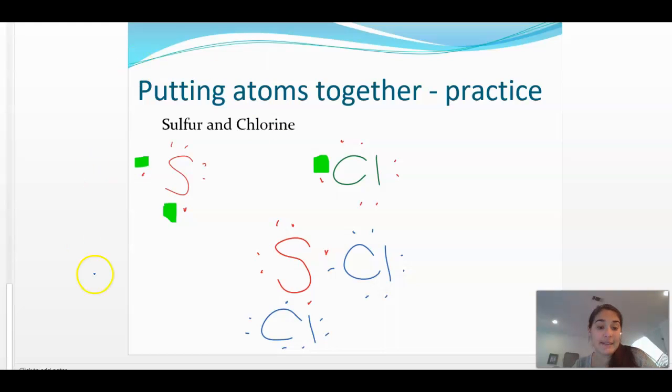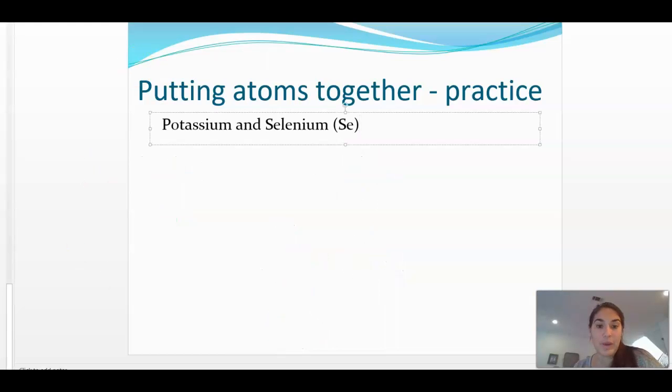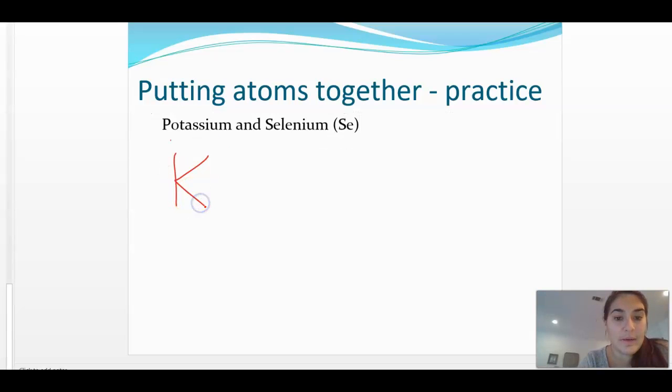Okay, and then our last example, here we had potassium and selenium. Potassium ended in 4s1, so okay, with a 1. And then selenium is 4s2, 3d10, but again, that 3d is less than 4, so they're not valence. So 4s2 and 4p4.